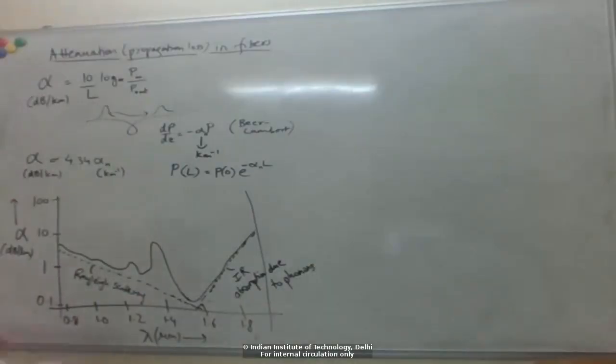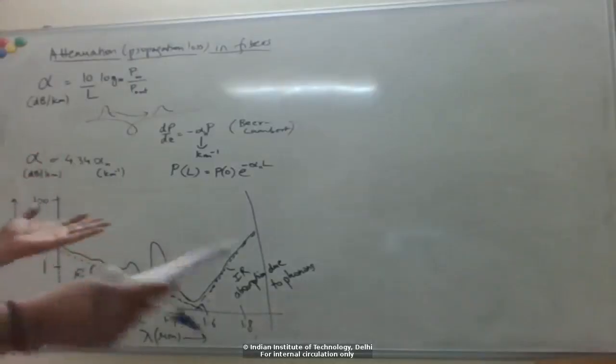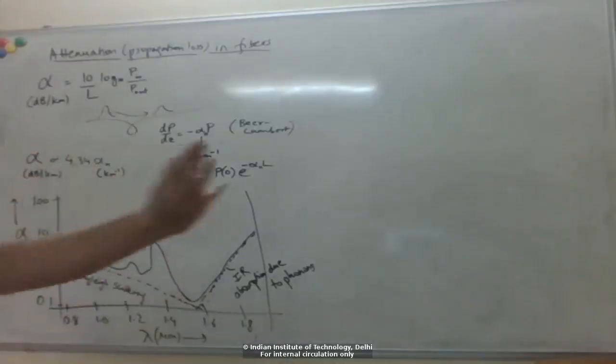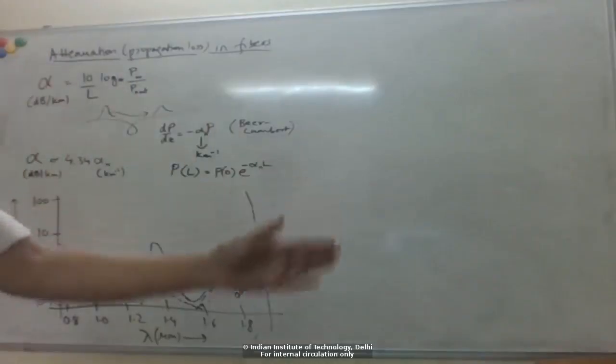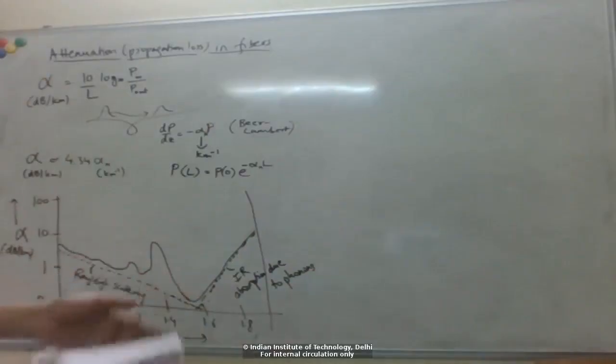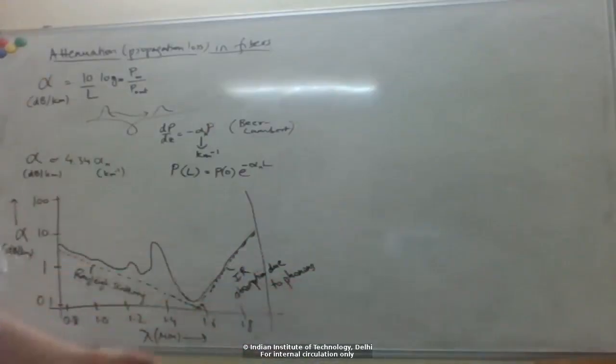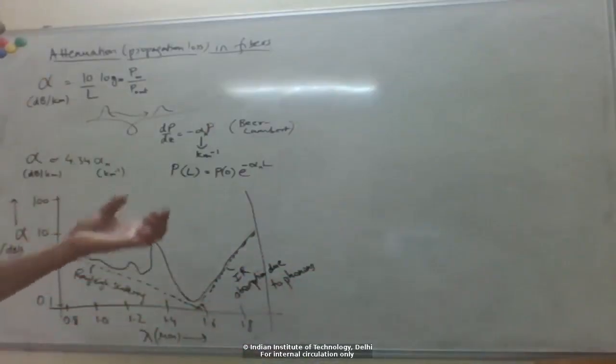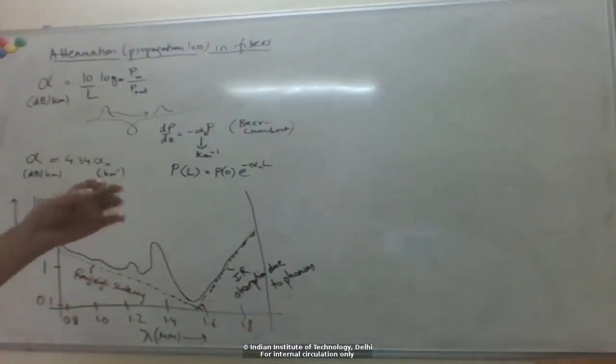So Rayleigh scattering is basically due to the fact that glass is an amorphous medium, right? Which means it doesn't have a crystalline structure. It doesn't have a periodic arrangement of atoms. So there are small density variations with position, right?